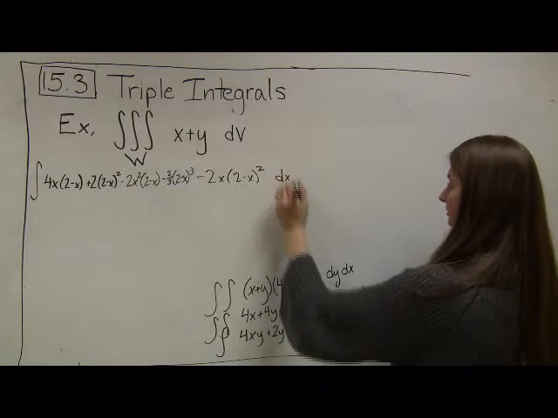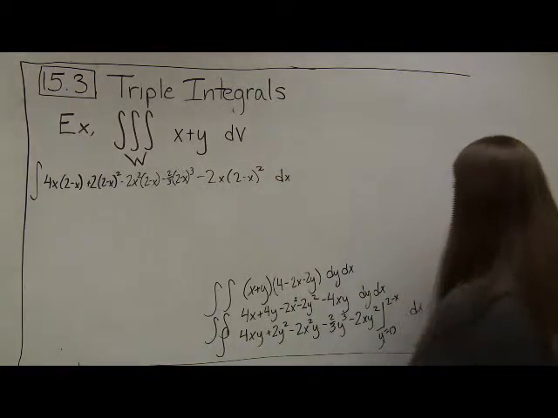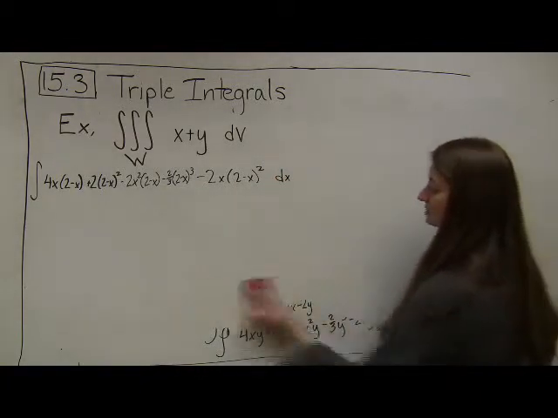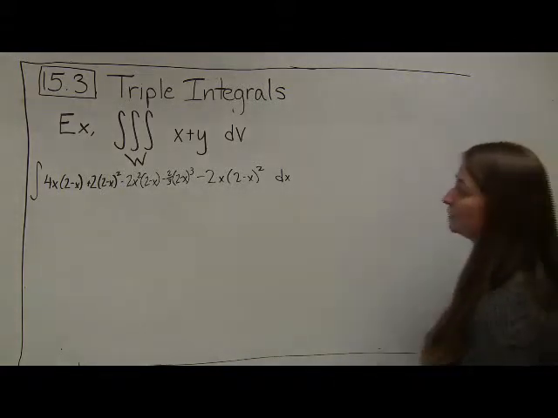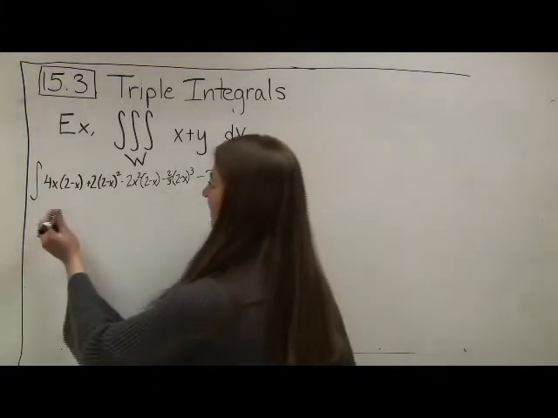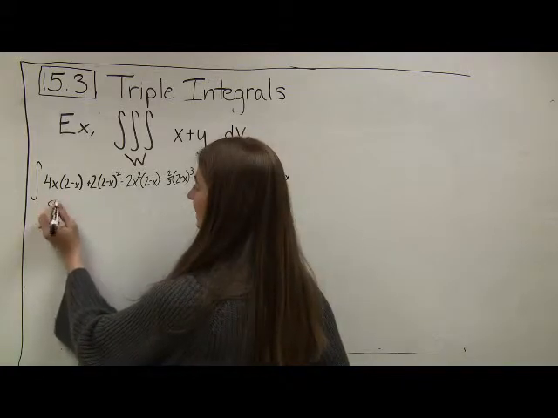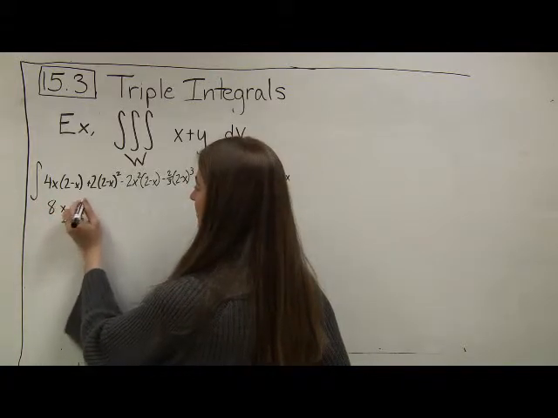Whew. But now, at least we've gotten it down so that everything is just in terms of x's. I'm going to simplify this algebraically one more time. And I see that this simplifies to be 8x minus x squared.